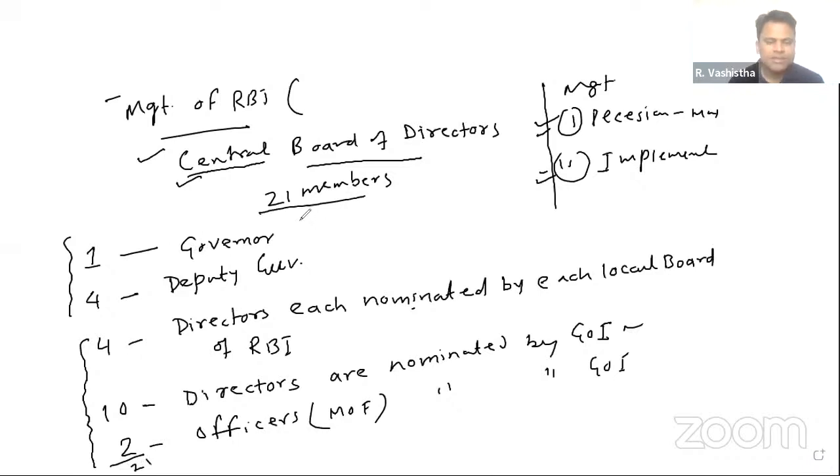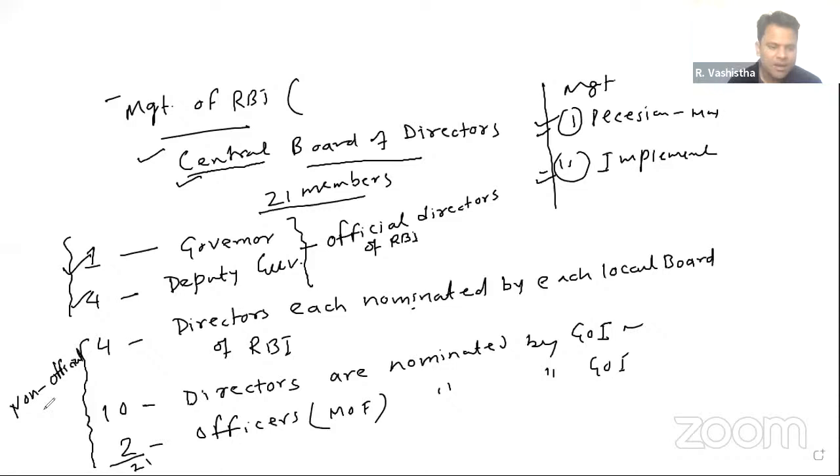Now, the governor and deputy governors are called official directors of RBI. And the remaining directors are called non-official directors of RBI.